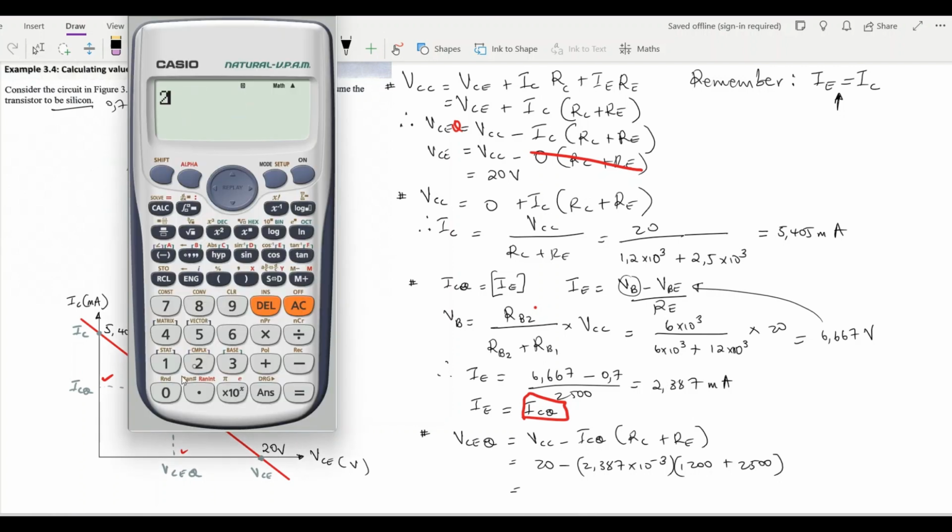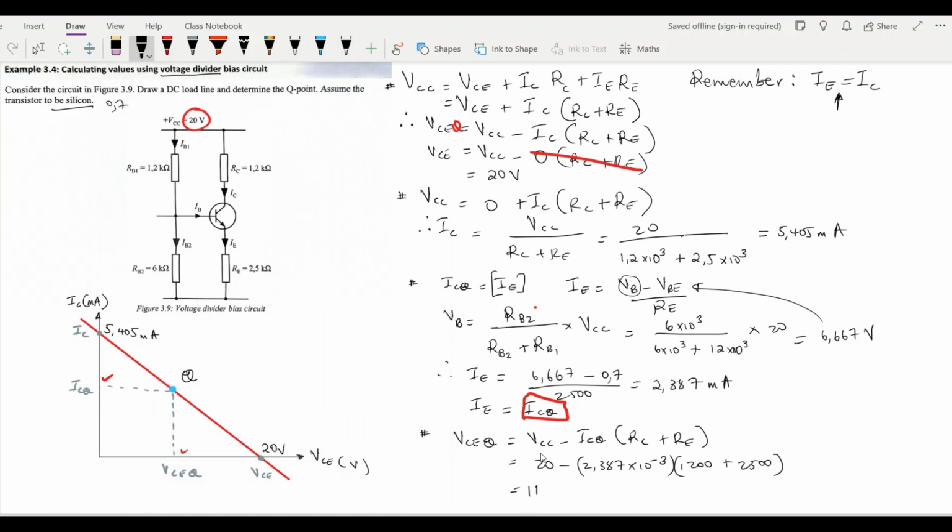We will get 20 minus 2.387 exponent negative 3, that's 1200 plus 2500, sorry. This will give us 11.168 volts.